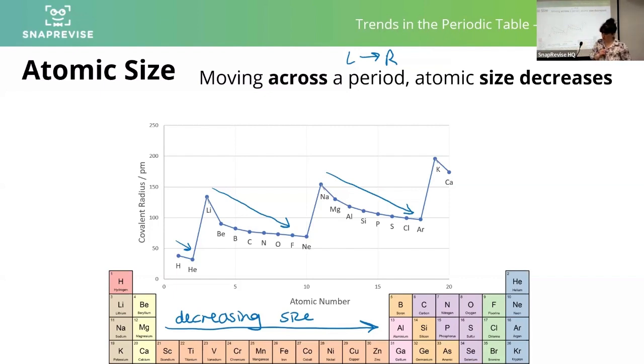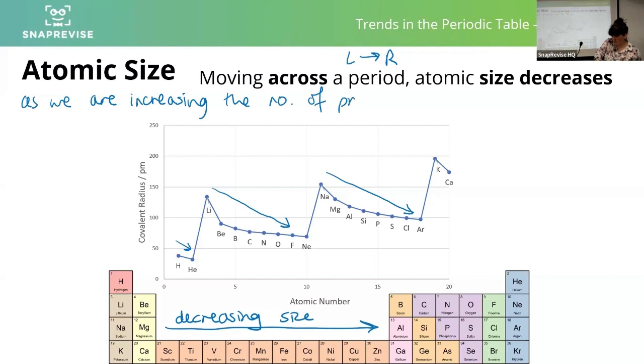So moving across the period, atomic size decreases as we are adding an extra electron. Or no, let's say it differently. As we are increasing the number of protons, let's say it like that. Increasing the, again, I'm going to be lazy, number of protons.